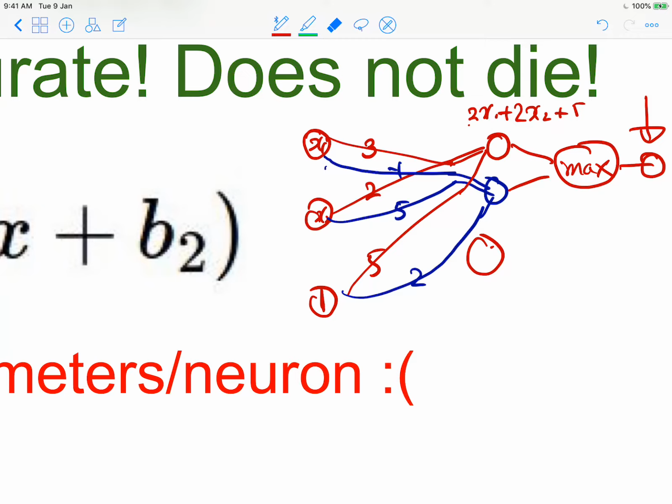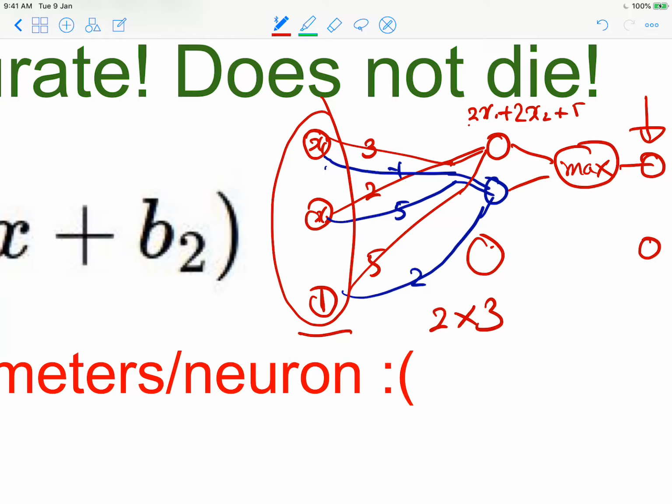So in this case, suppose we have two output nodes in this maxout unit, and we have this kind of input layer. How many parameters do we have? In the case of linear layers, it will be 2 by 3, right?